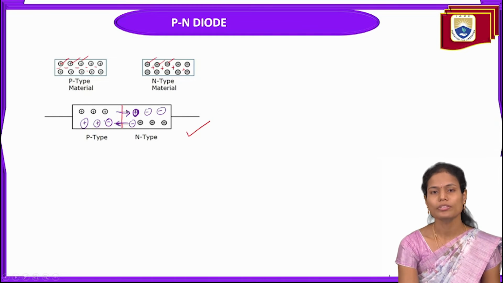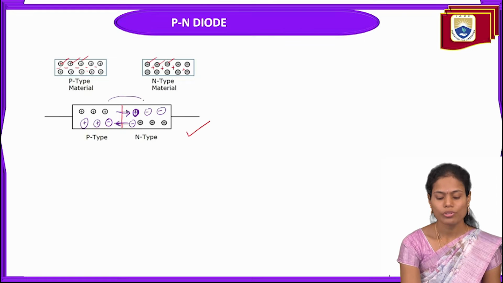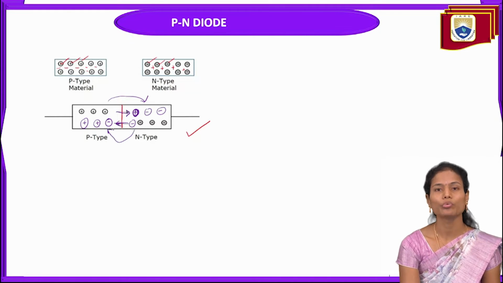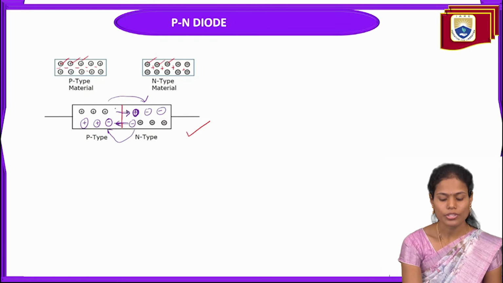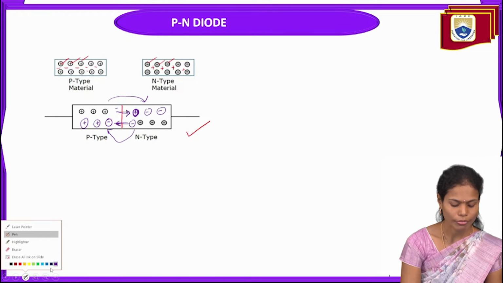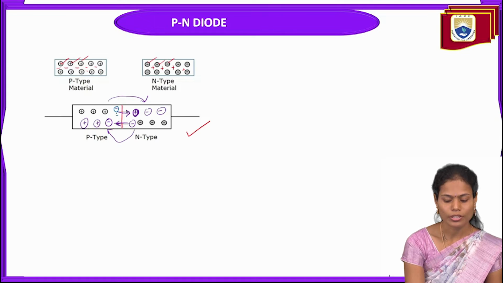So because of this diffusion of holes from P type to N type and electrons from N type to P type, near the junction more positive as well as negative immobile ions will be present here.